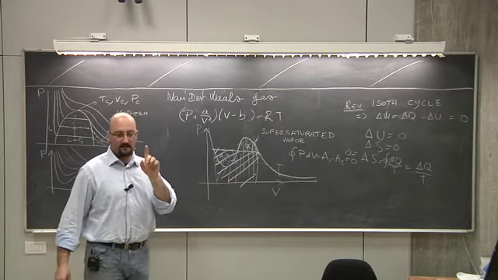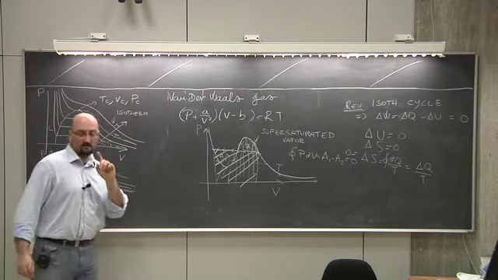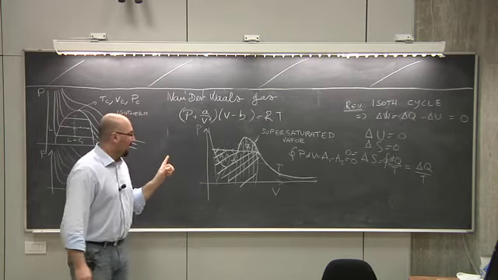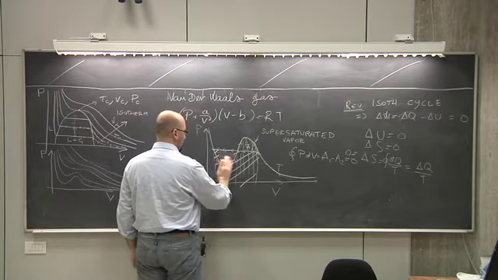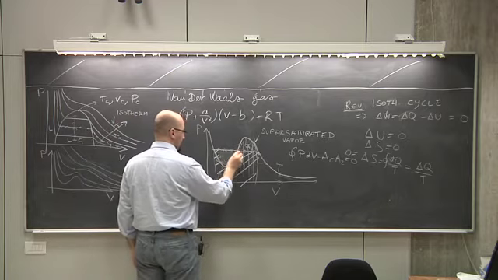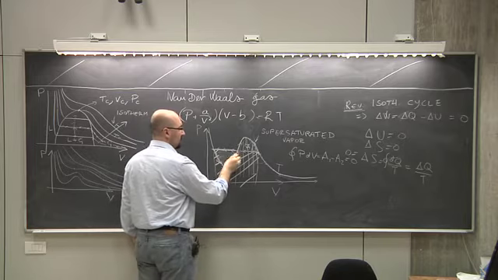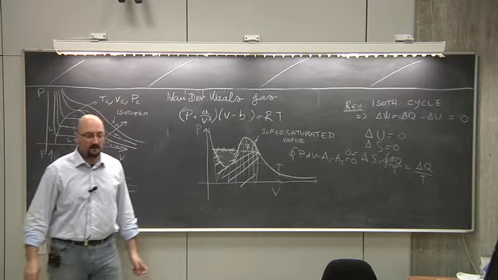You might, at this point, have an objection to this. It's the following. So what we built in this cycle is an isothermal cycle, right? But the area under it is not 0.